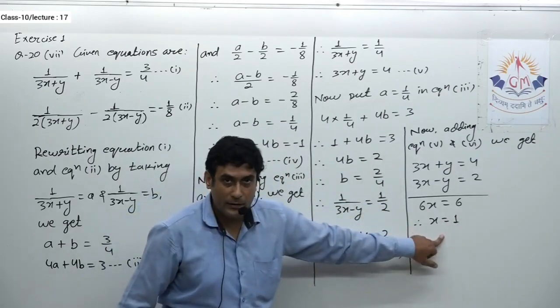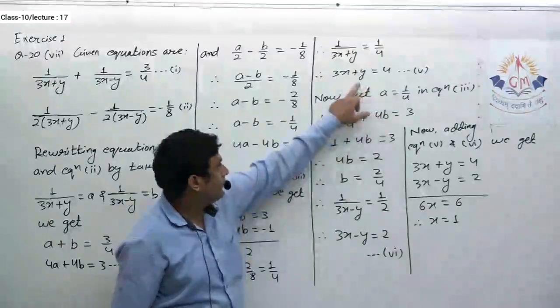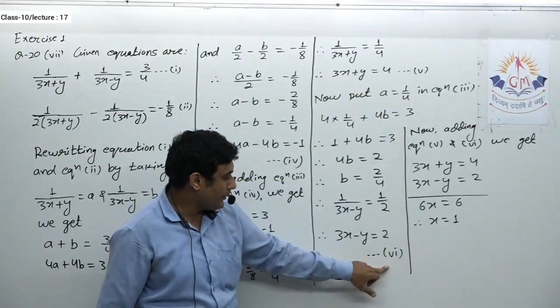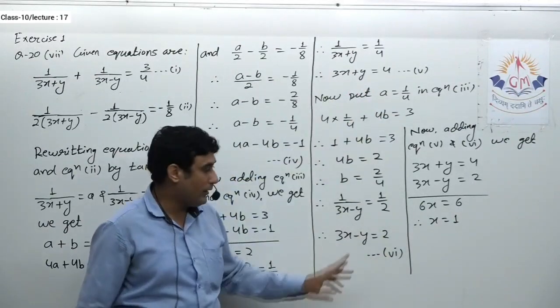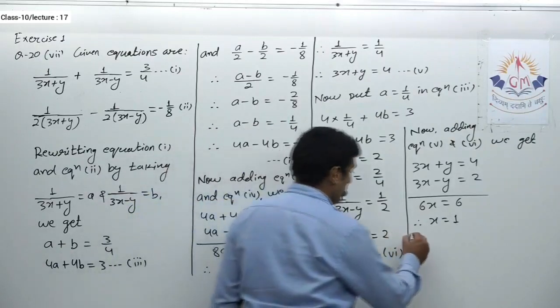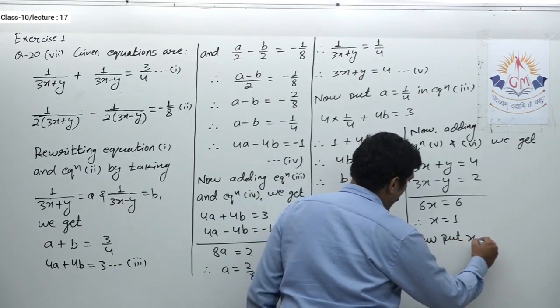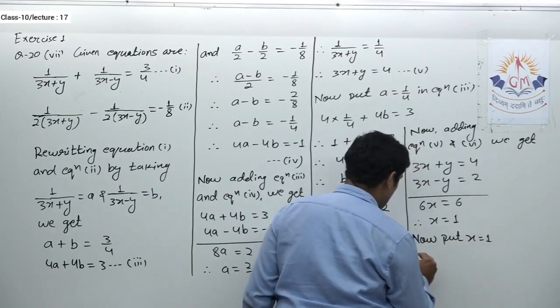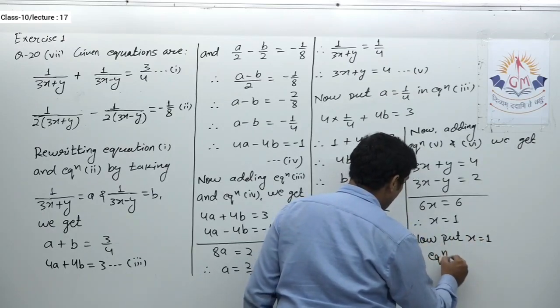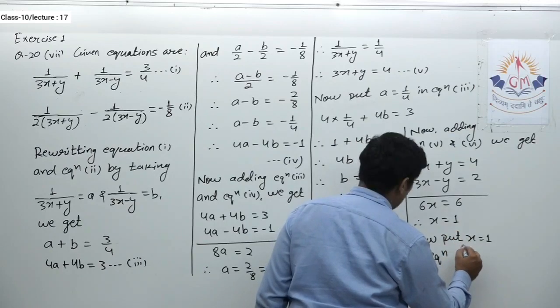Now I'll put this x equal to 1 in equation 5th or in equation 6 to get the value of y. So I'll put in 5th. Now put x equal to 1 in equation 5th.